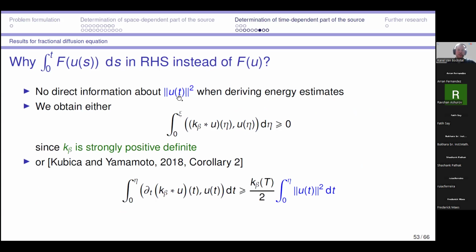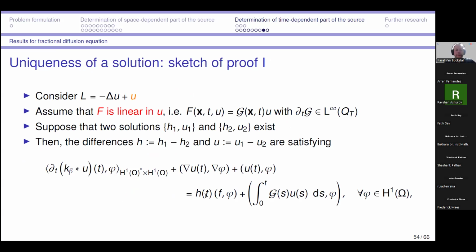The reason was that we don't have, as for the heat equation, when making the energy estimate, this information on the left-hand side when testing. We can either use the strong positive definiteness of the kernel or the result by Kubica and Yamamoto. I will now shortly show how to use this result. In the first case, I assume that f is linear in u, and then I first integrate the equation in time, then multiply with u, and integrate in time again.